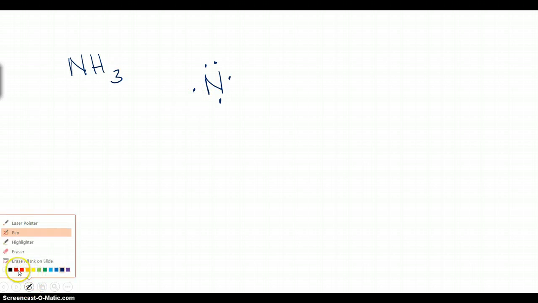So let's try another one. Let's do NH3. All right, so this is NH3. I want to start off with the Lewis structure. I recognize that there are 5 valence electrons in the nitrogen, on the last valence electron shell, and this tells me there are 3 locations where bonding can happen, and I just happen to have 3 hydrogens.